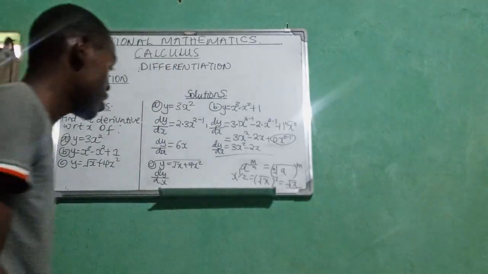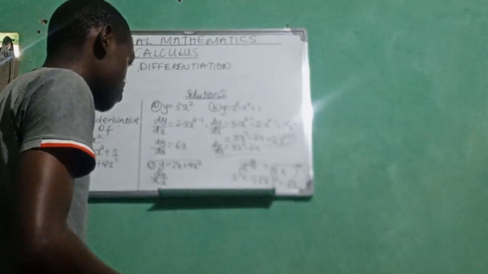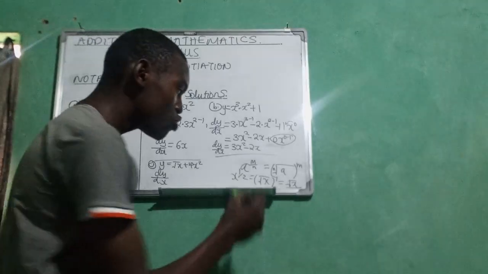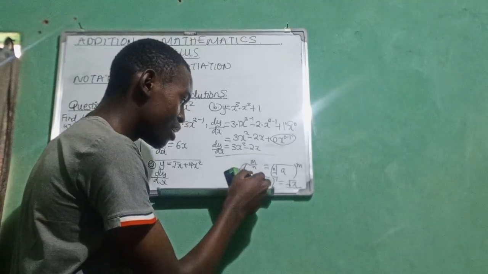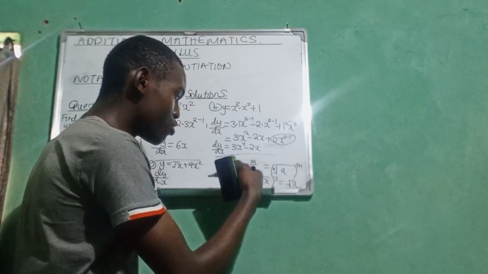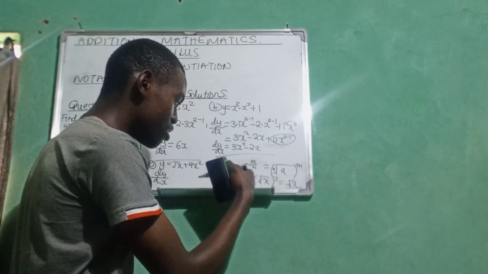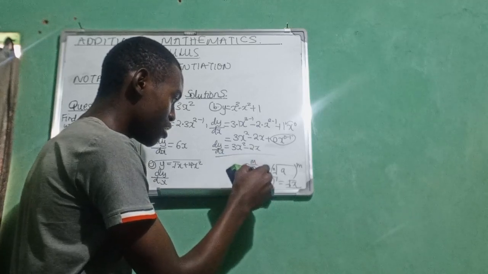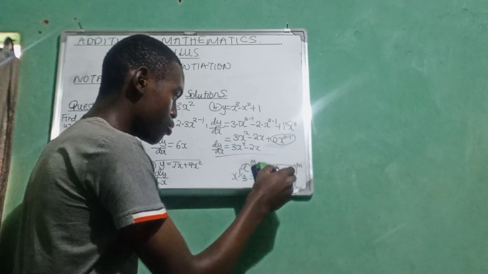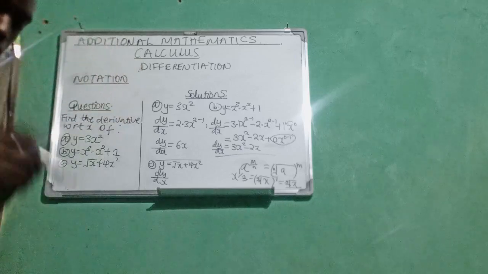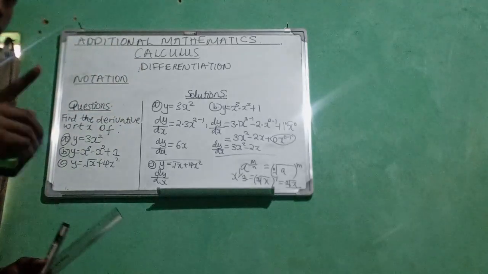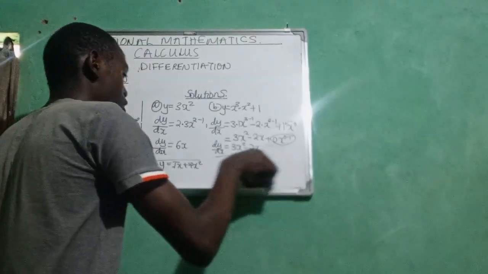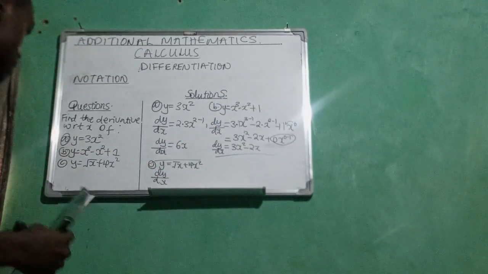Why am I telling you all these things? In writing the square root, we don't write the number 2 here. But if it was the cube root, with 3 here, we would have written 3, and this would have been the cube root of x. But for square root, it is special. We don't write the number 2. Alright, hope that's clear.